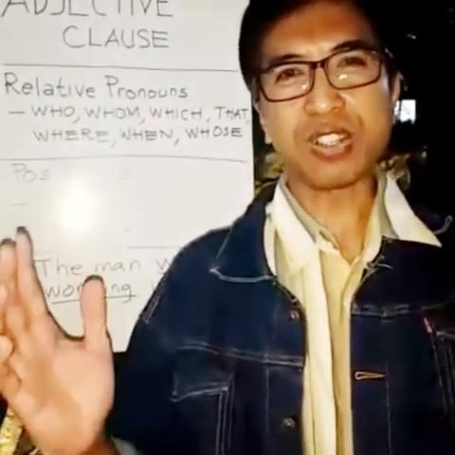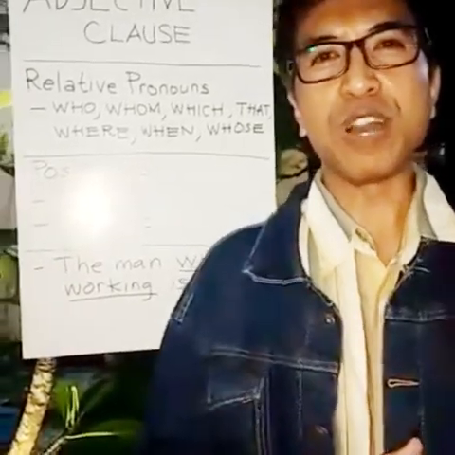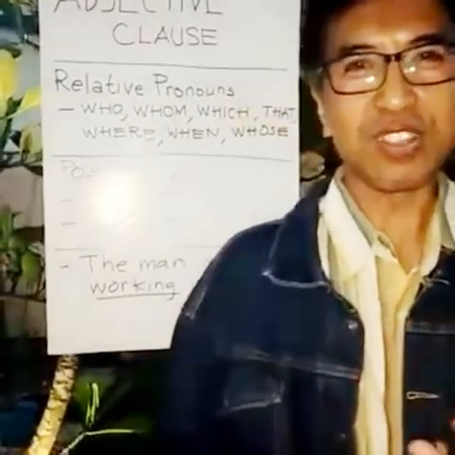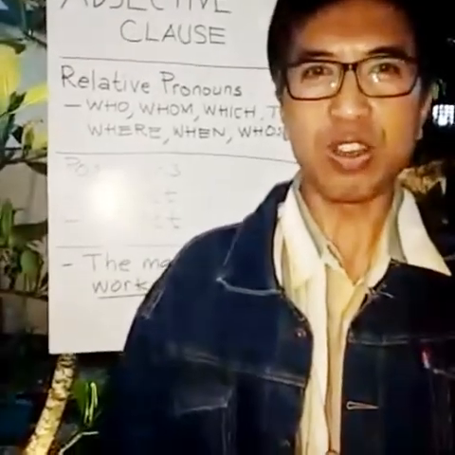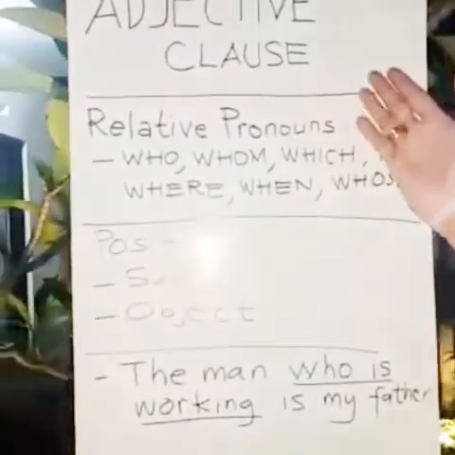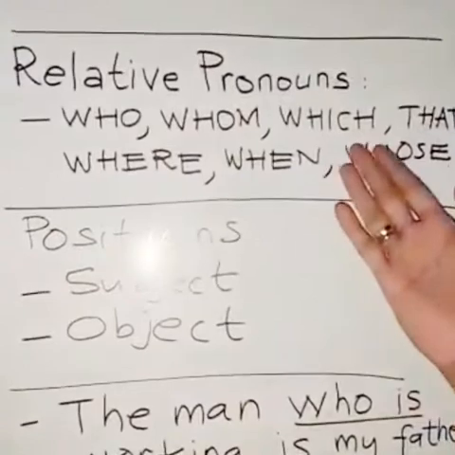Of course, a clause is a complete sentence used for modifying a noun. And what is the function of adjective clause? Of course, to modify. Now, how about the construction or position? Let's see. Adjective clause is formed by using relative pronouns.